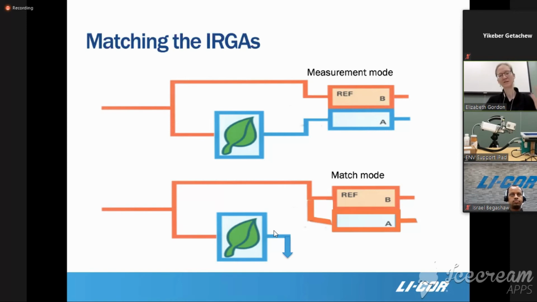In the LI-6400, we needed the leaf to be stable so that we could compare the measurements between reference and sample. In the LI-6800, we just ignore the leaf for a little while, and we use our valves to send the air through both analyzers, but not through the leaf chamber. This allows us to match before the leaf is stable, and it also allows us to do a few other things related to matching.